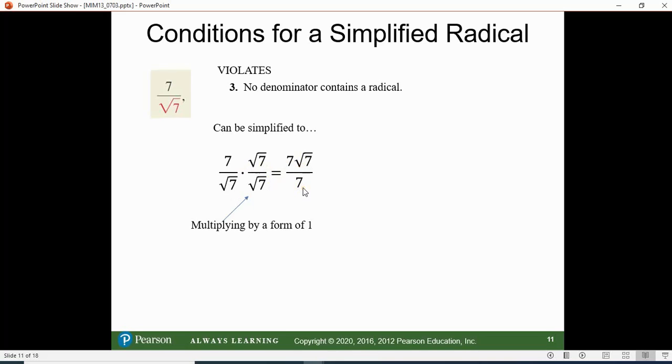The 7s would cancel out, and that would simplify to square root of 7. So basically what we did was rationalize the denominator, because what we have there is square root of 7 over 1. Our denominator is now 1. And also similarly, we had a 7. By taking square root of 7 times square root of 7, we got 7. And what we got there was a rational number in our denominator.